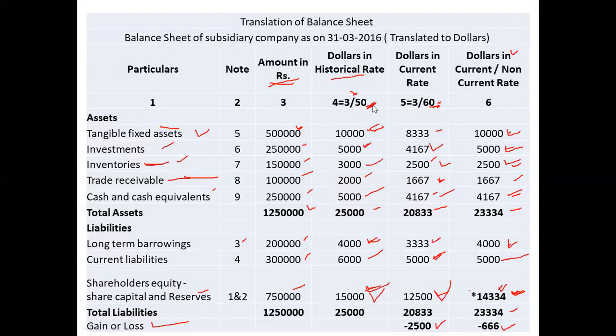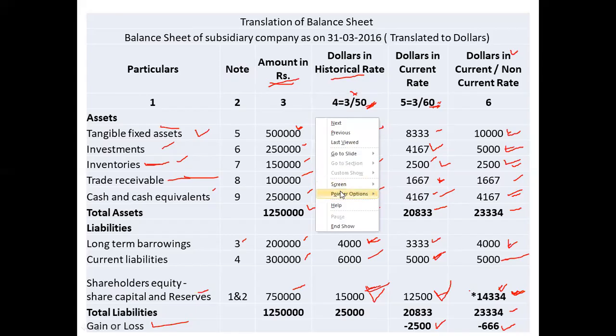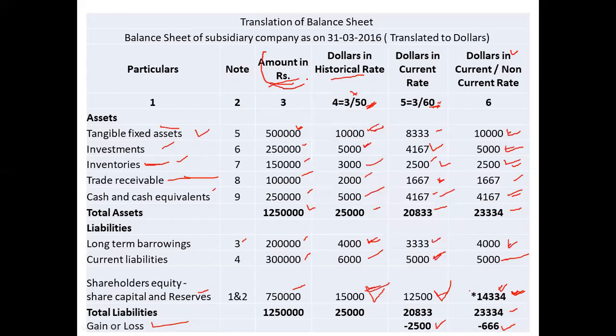So these are very important here as a conversion from amount to dollar. If the balance sheet is given in rupees, then we have to divide the value by the dollar rate.